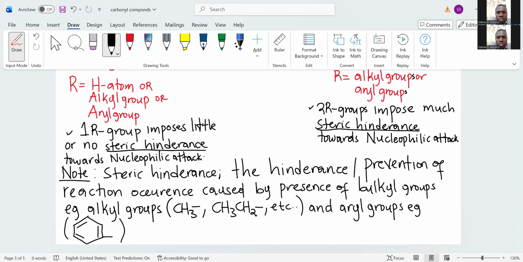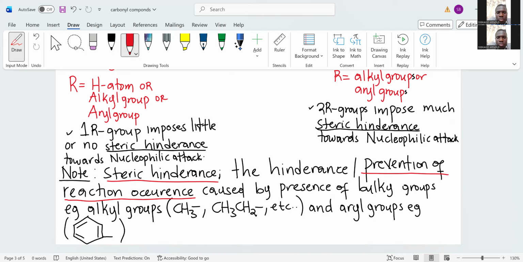So what have I said? I have said that steric hindrance simply means prevention. You are preventing a reaction from occurring. Prevention of reaction occurrence, and that prevention is caused by the presence of bulky groups, groups that are heavy.